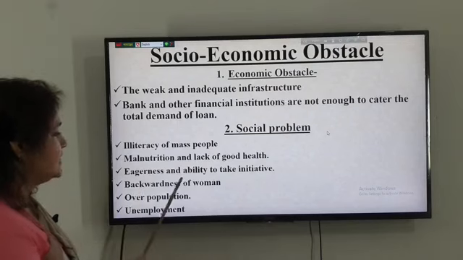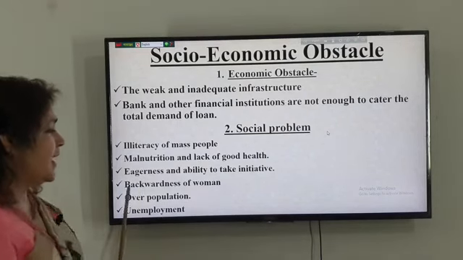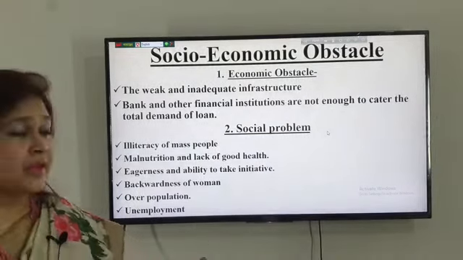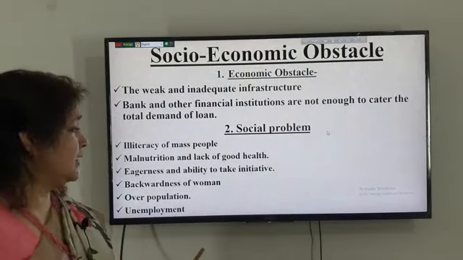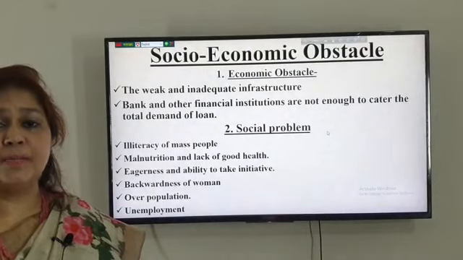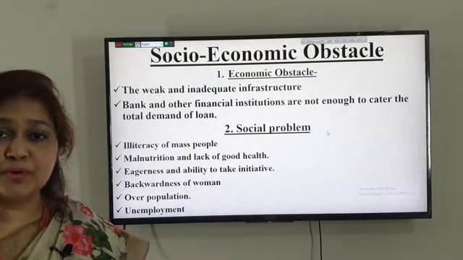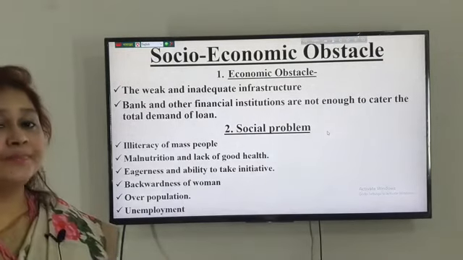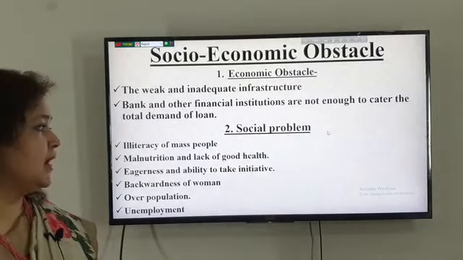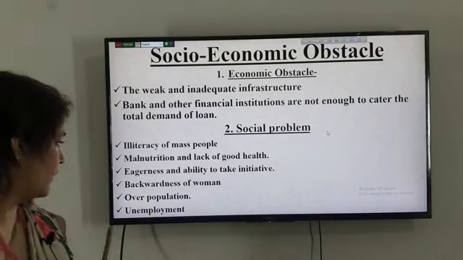Another one, eagerness and ability to take initiative. As their income is low, per capita income is low, and they cannot get proper financial support from government or non-government sectors, they cannot invest their money in the proper section. Okay.